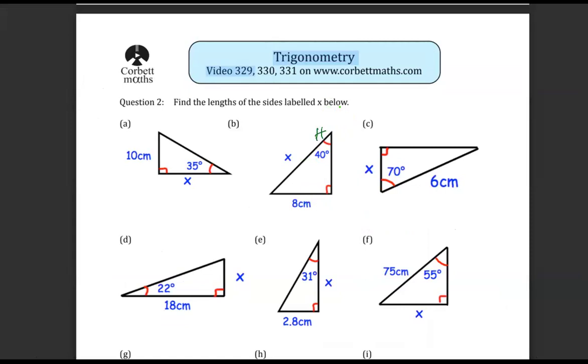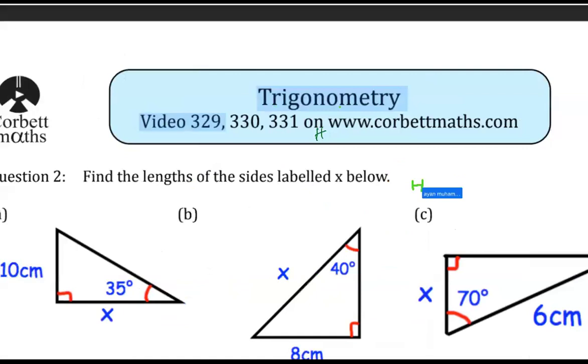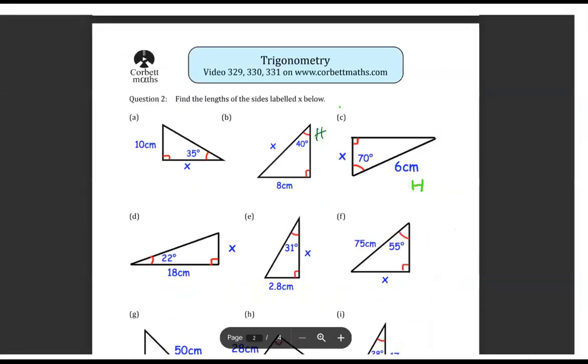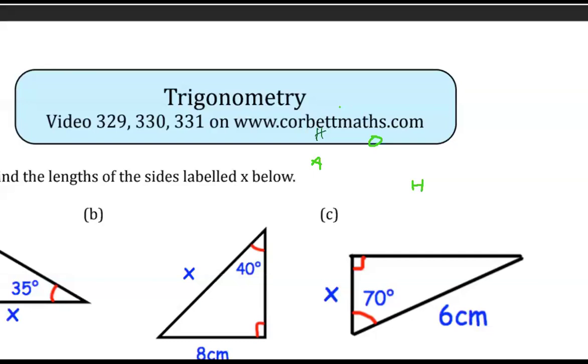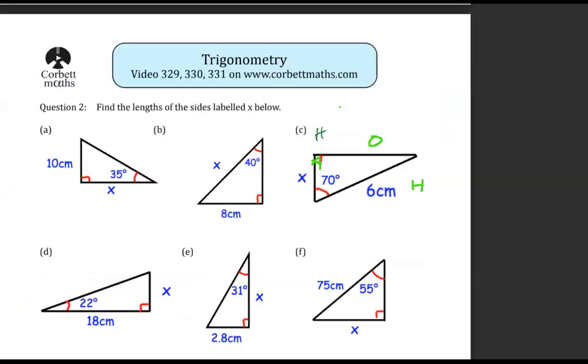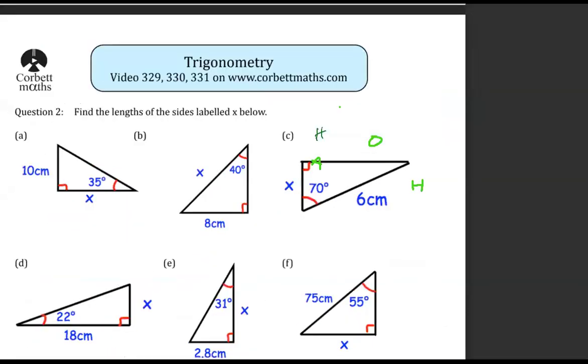Which one of those? So that would be opposite and H. So 6 over cos 70.